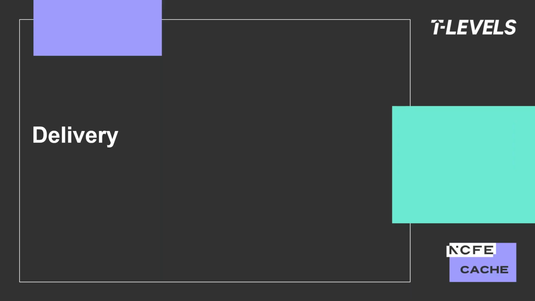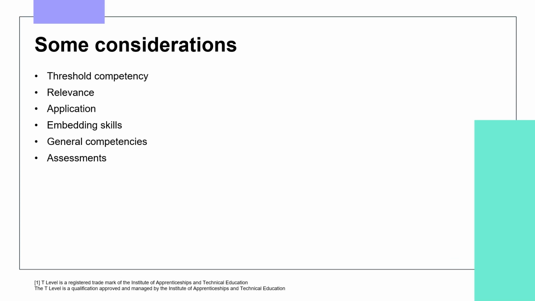We're going to have a look at the delivery of this content and provide some suggestions too. And there are different aspects to consider with your delivery, such as ensuring students have the threshold competency for the occupational role. This would be worth keeping at the forefront of your mind. Setting the relevance for the content for food science students or health students.